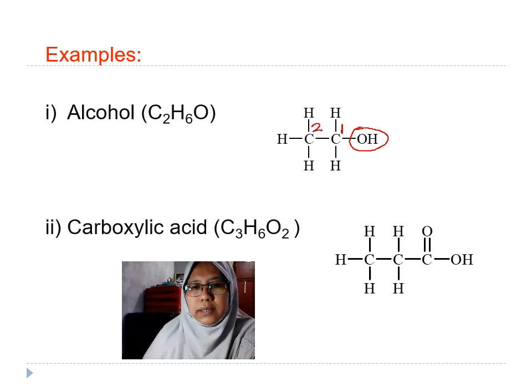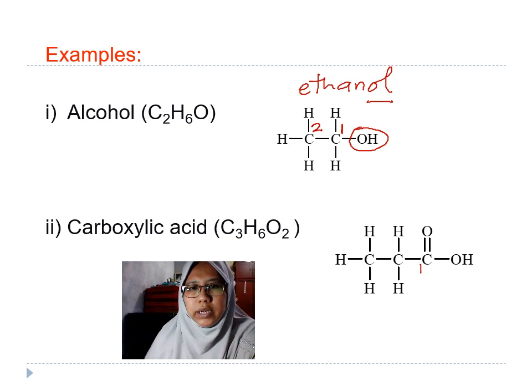So this compound is called ethanol because it is 2 carbon, ethane, but since it has a hydroxy group, we will add -ol instead of -e. Okay. Next is carboxylic acid, having 1, 2, and 3 carbons.